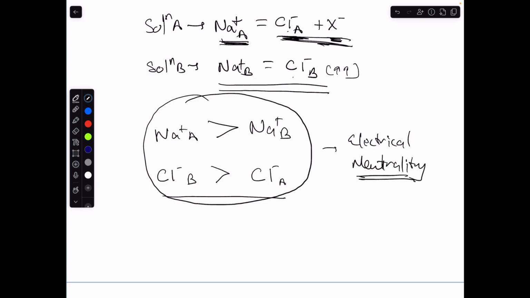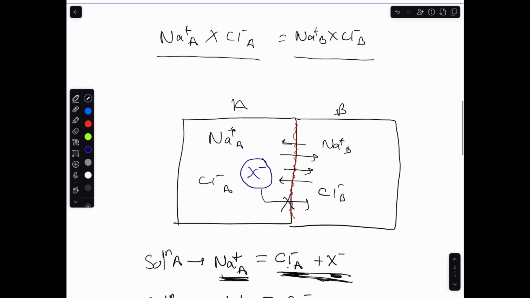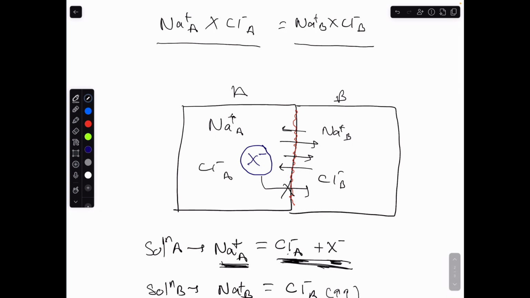So up till now we have seen two properties. One is the selective permeability of the membrane. Because of the selective permeability property, some molecules are easily permeable, like in this case sodium and chloride, while some molecules are not permeable, that is the X molecule in this example.